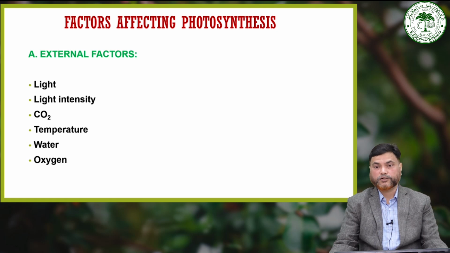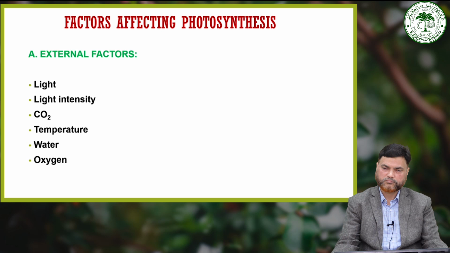Then water. Water serves as a very crucial raw material and very important factor for photosynthesis. But water scarcity rarely serves as a limiting factor for photosynthesis. Inadequate water supply can indeed decrease the rate of photosynthesis in different plants.